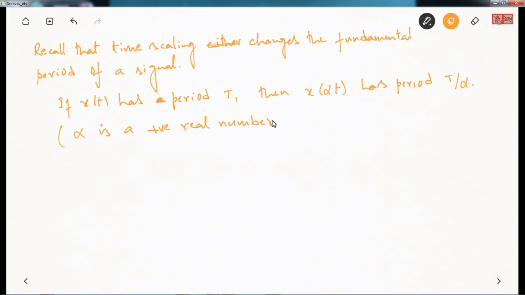When we scale, we scale only with a positive real number. In the sense, it can be less than 1 or greater than 1. Right? Hence, omega naught becomes 2 pi by (T by alpha), that is equal to alpha times 2 pi by T.